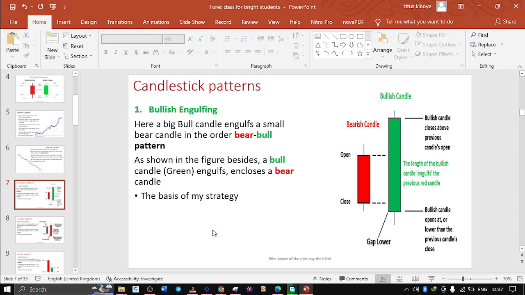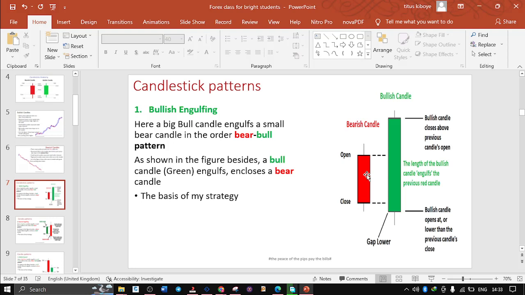Which candle is this one I'm pointing at? I can see it written there as bearish, but I'm trying to remember whether it's the one that opens up and closes low.